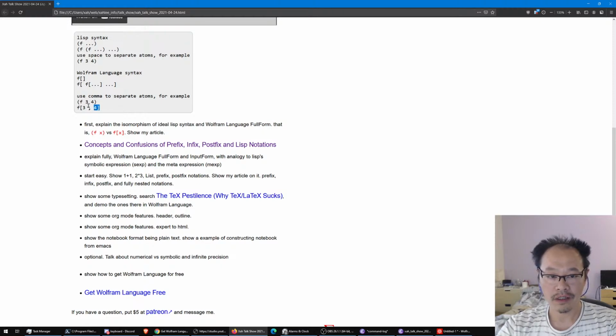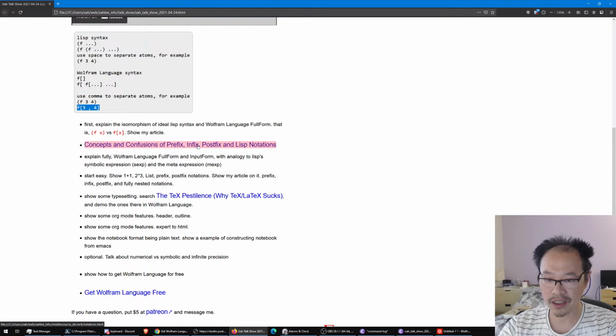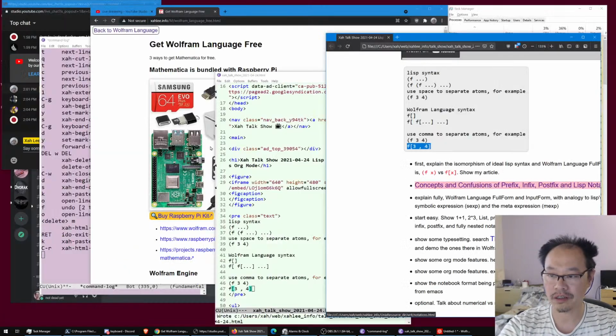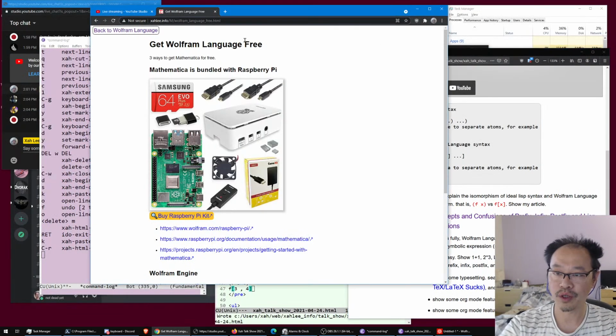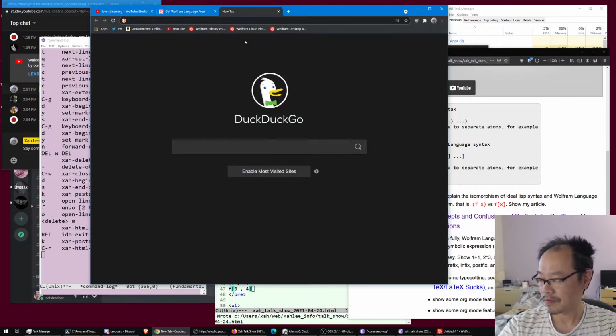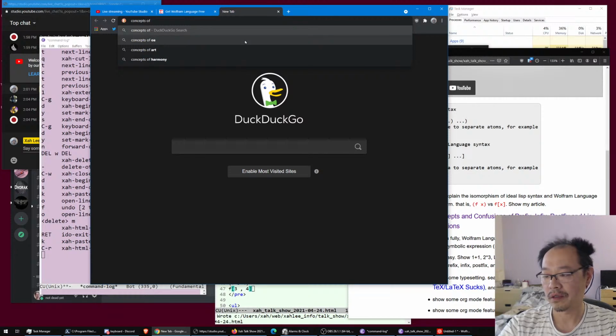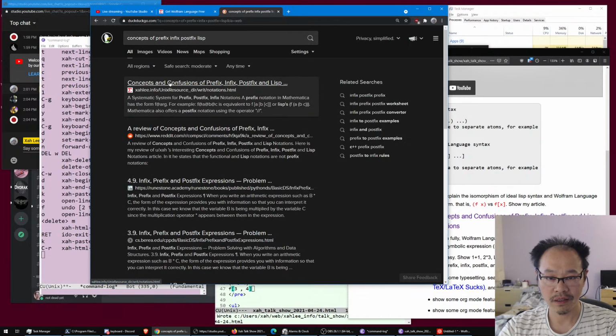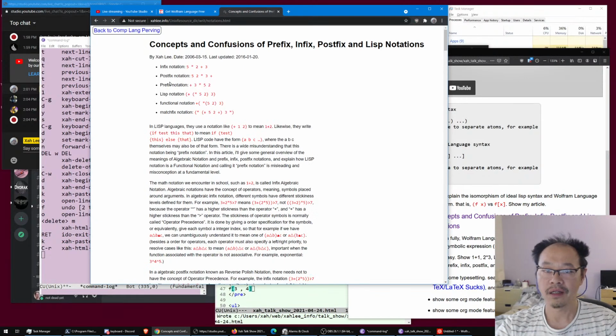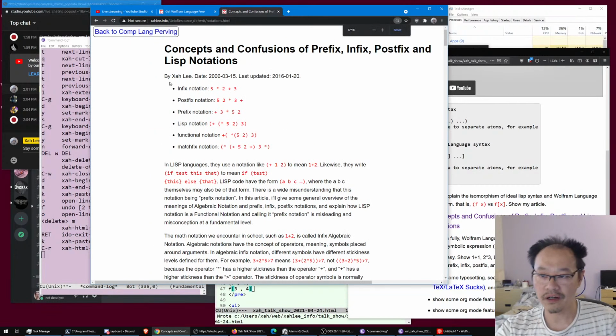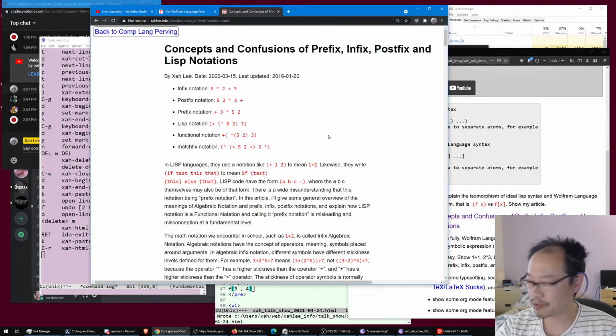Now I have an article, Concepts and Confusions of Prefix, Infix, Postfix, and Lisp Notations. You need to search for that, Concepts of Prefix, Infix, Postfix, Lisp. There, this article.